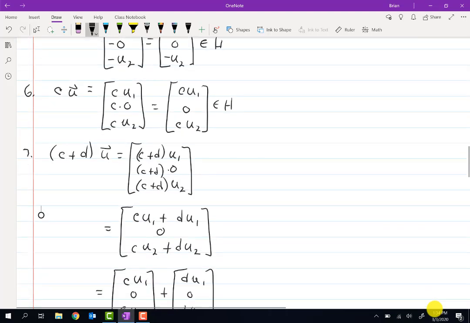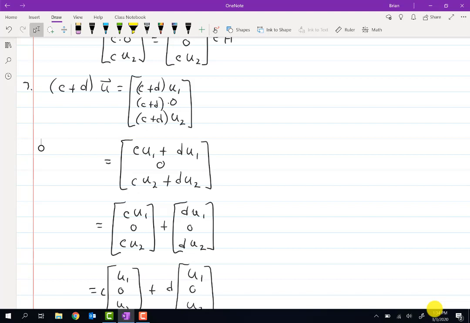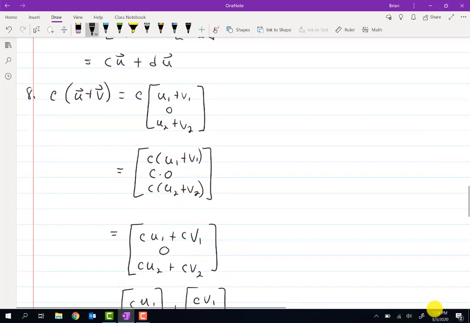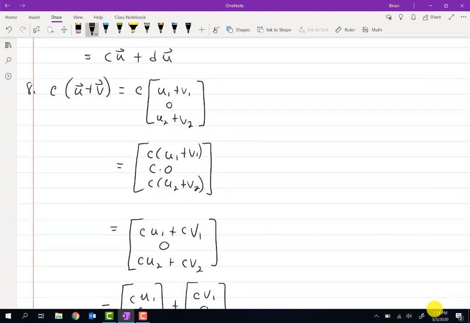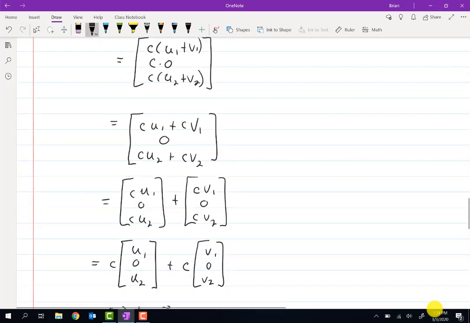But if you look at the rest of them, none of them actually mention H specifically, because these rules, the distributive property, is really true for all vectors in V, not just those that happen to be in H. So no matter what this vector was, this was going to work out. Same thing here. No matter what two vectors these are, whether they're in H or in V, you're still going to have it satisfy that distributive property.